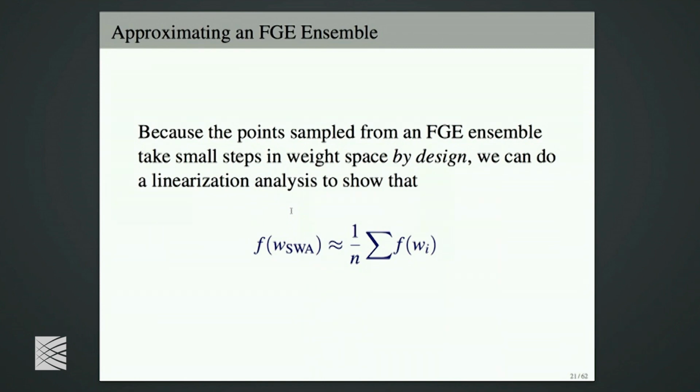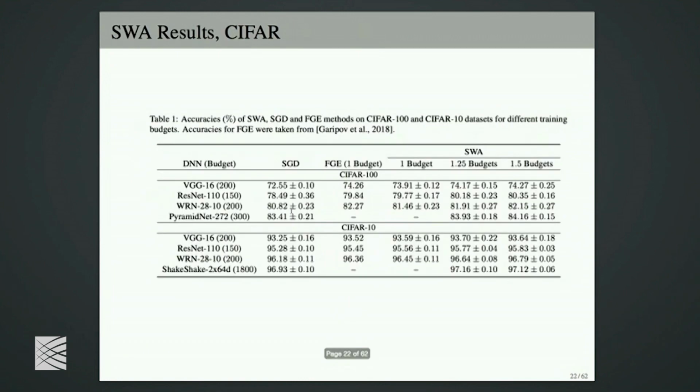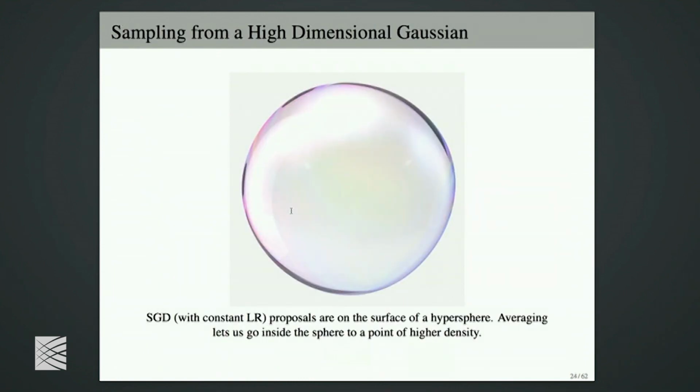And in fact, our function that uses this SWA solution is much closer to the average of the functions with the individual weights that we use to form the SWA average than it is to the individual functions in this sum. That's another perspective. I'll do one more perspective first before results.